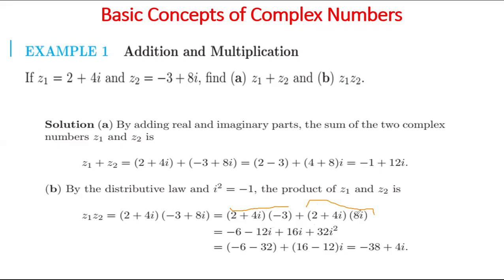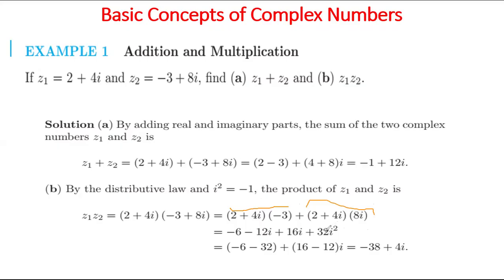So multiplying with 8, 8 fours are 32 iota square as well. Iota multiplied with 2 would be 8 twos are 16 iota, and iota into iota becomes iota square. We know that iota square is -1, so iota square, -1, would be -32 in this aspect.